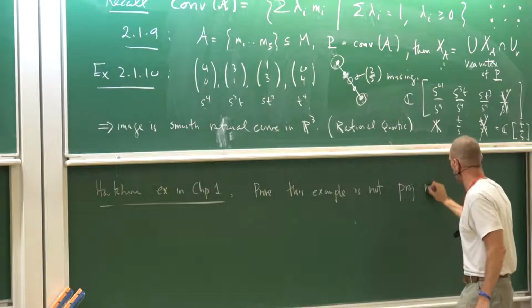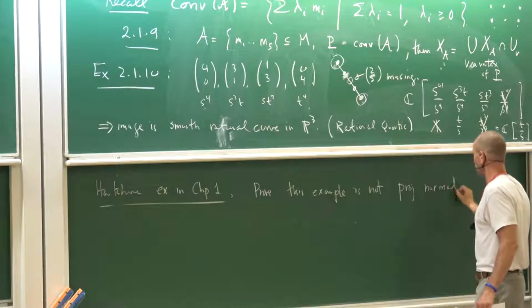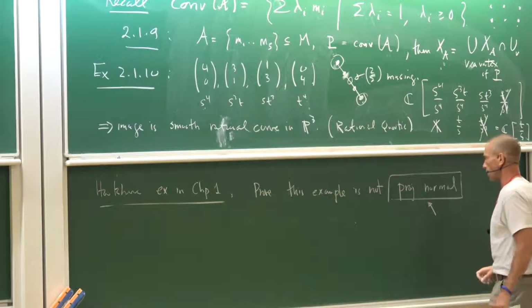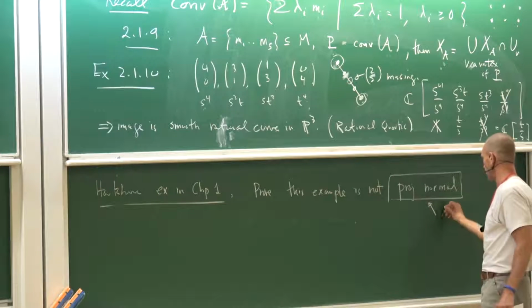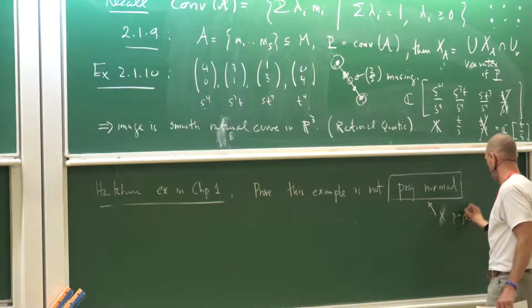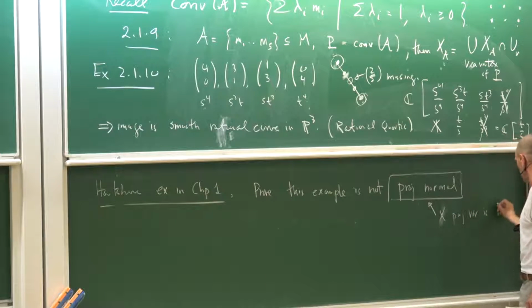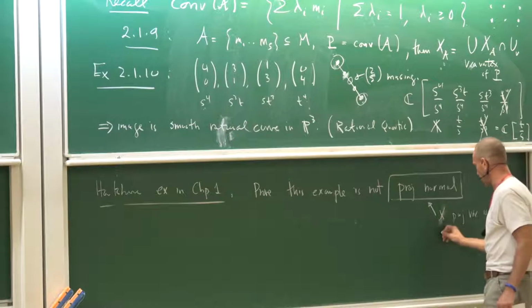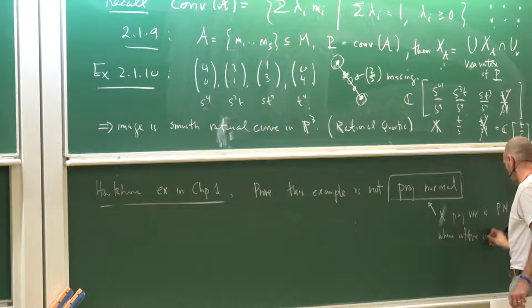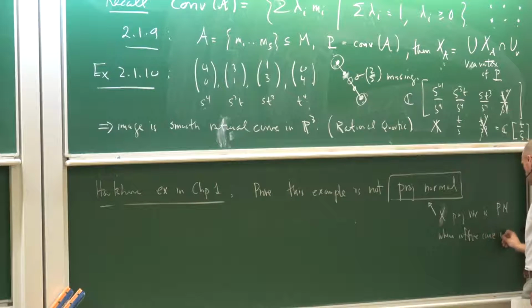So let me remind you of the definition, which I believe David gave yesterday, but just in case. A projective variety X in P^n is projectively normal exactly when the affine cone is normal.